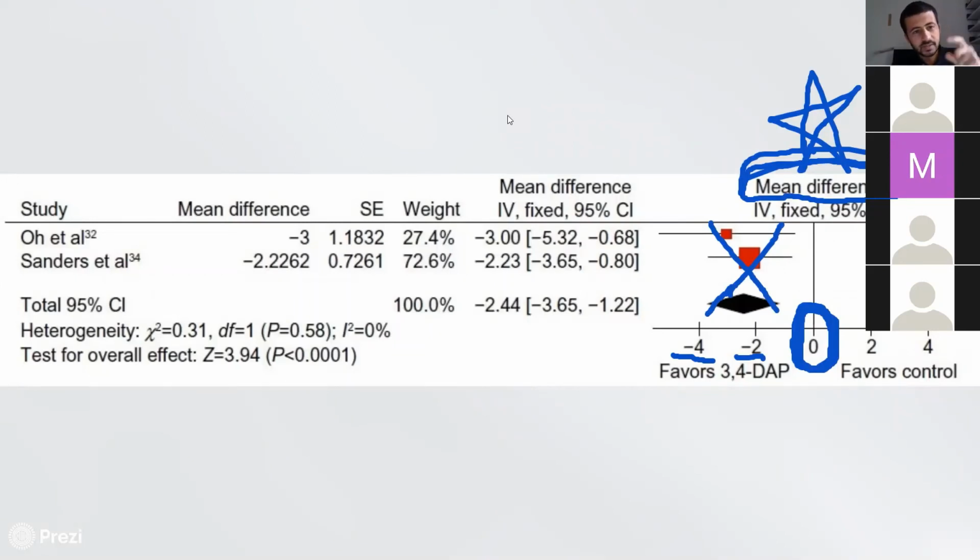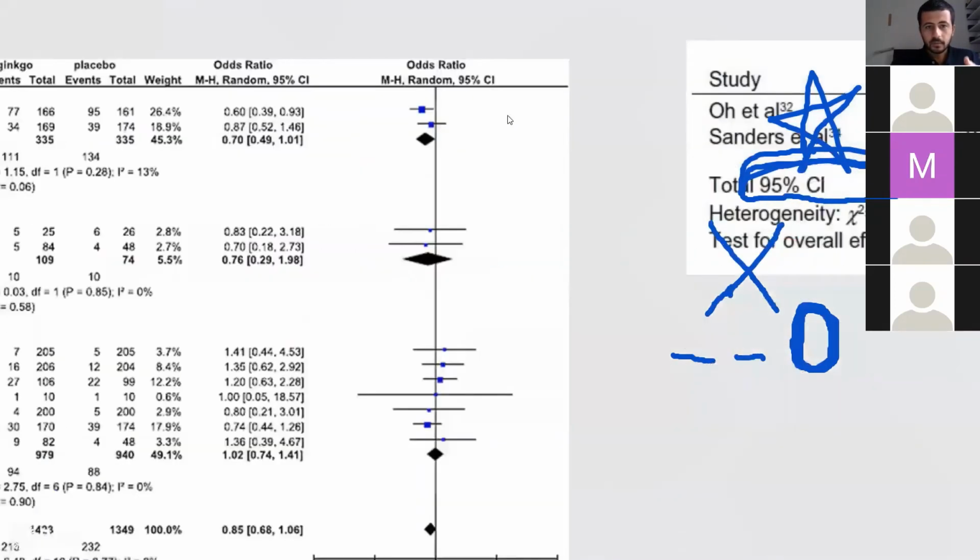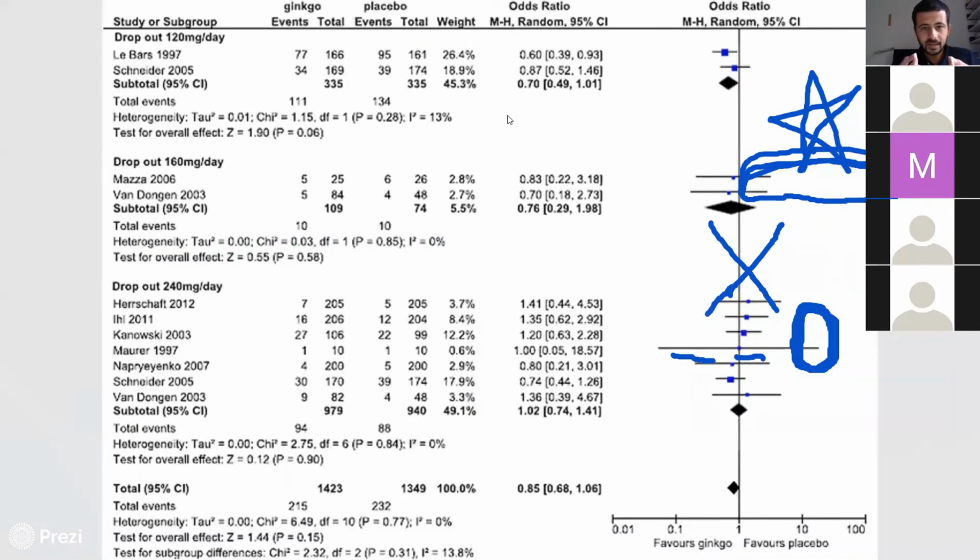Here, the first study said that the mean difference between the controls and the cases is -3. The cases are lower by 3. The second study, the cases are lower by 2.2. There, they do not say that. They say 50% of the cases died and 20% of the controls died.